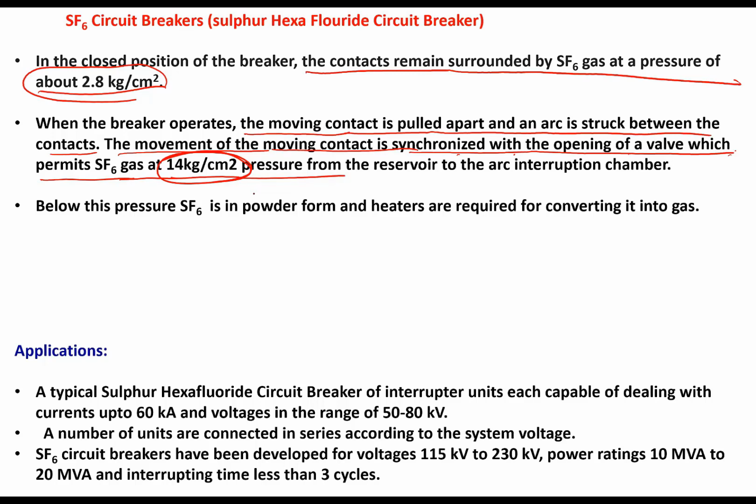So when the breaker contacts open, at the same time the valve is opened, which allows the SF6 gas at 14 kg per centimeter square pressure from the reservoir to the arc interruption chamber. One more point is, below 14 kg per centimeter square, the SF6 gas will take the form of a powder.